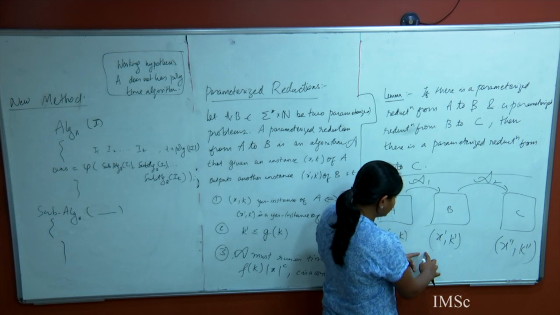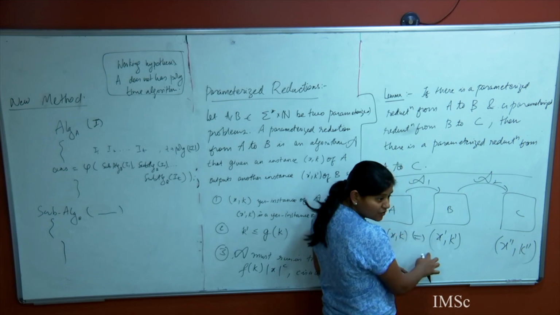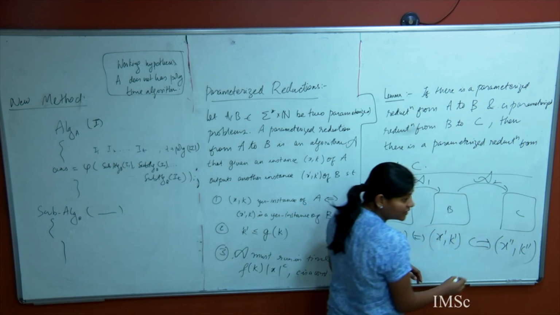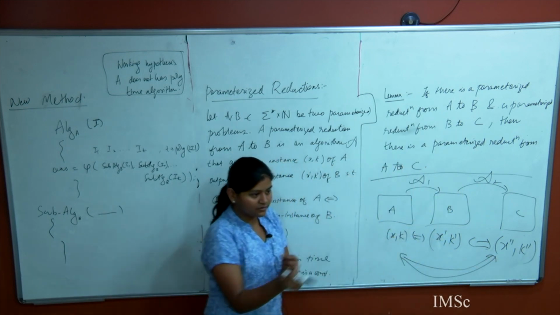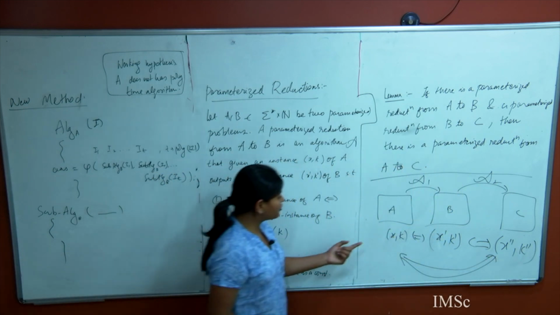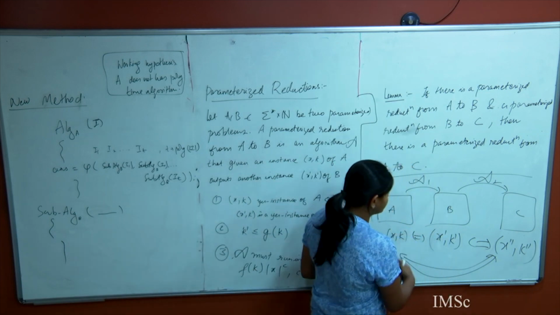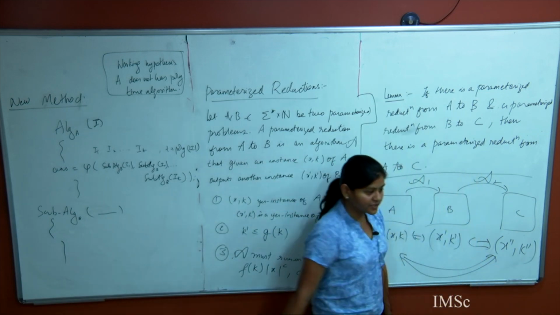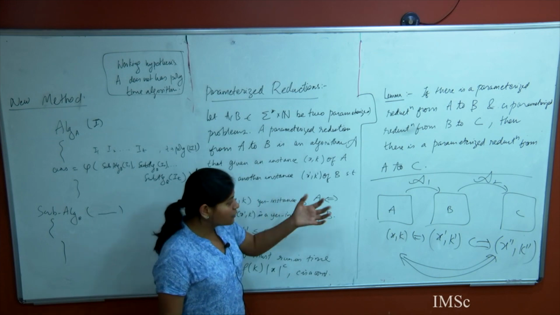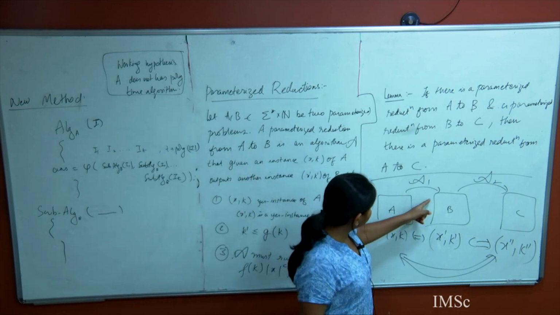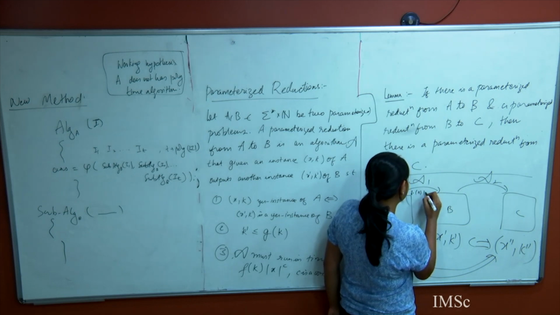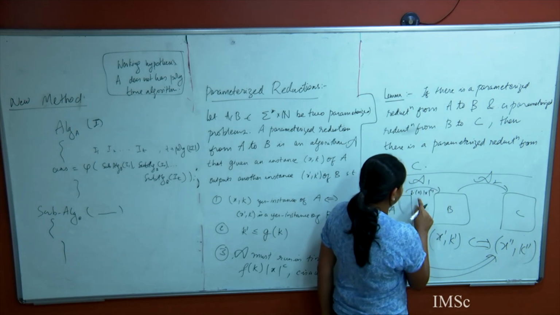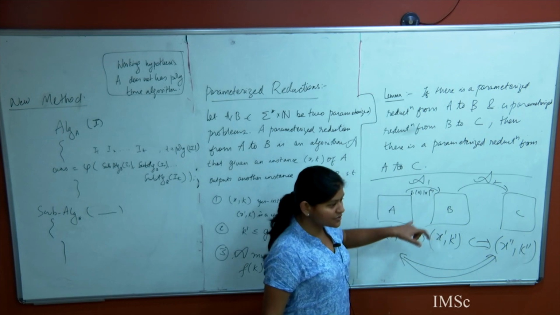Now here you have yes instance equivalence, and here you have a yes instance equivalence. So because this relation is an if and only if condition, you can obtain that x comma k is a yes instance if and only if this is also a yes instance. Okay. Now running time. So how much time do you spend? Some f1 of k times size of the instance to the power some c1.